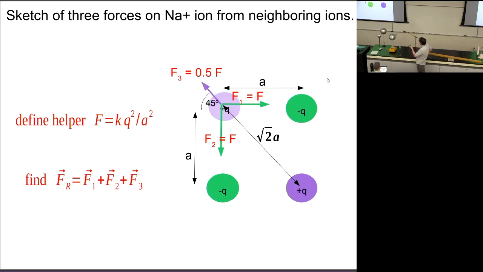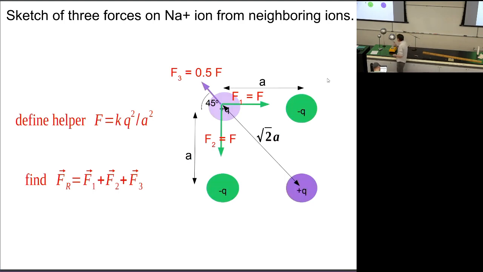I pictured their directions. I'm also imagining their sizes. All the charges have the same magnitude, but this charge down here is further away, so I drew this force as smaller.